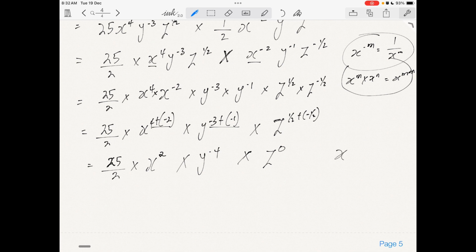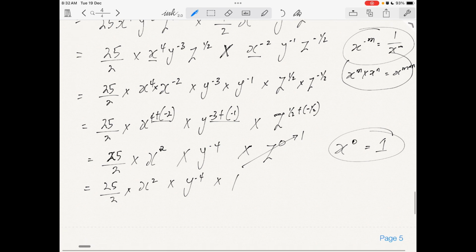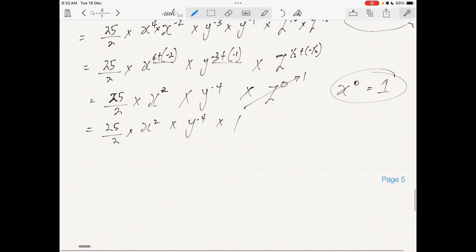Now remember that anything raised to the power 0 is 1, right? So this turns to 1. So that will give me 25 over 2 multiplied by x squared multiplied by y raised to the power minus 4 multiplied by 1. Now, I want to simplify y raised to the power minus 4 further. Let us apply the rule x raised to the power minus m is equal to 1 over x raised to the power m.